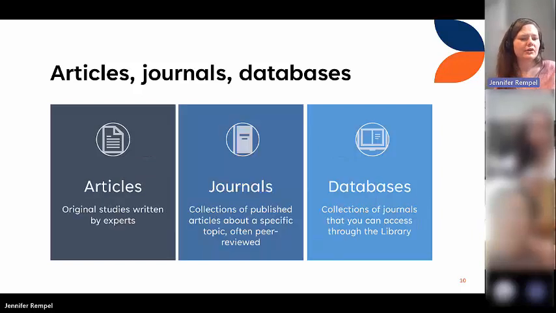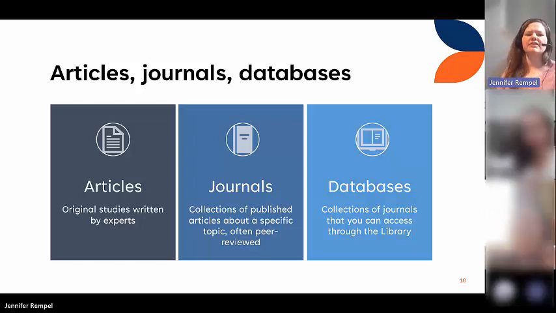And then, of course, you have the articles that are published within journals, and then journals are accessed through databases through the library. So you have a database like JSTOR, which contains a lot of historical or literary journals like Shakespeare Quarterly or things like that. Journal of the Canadian Historical Association, I believe, is in JSTOR. So that's where you're going to see the journals. So databases are all individual as well, and they're provided by different vendors, and we do subscribe to a lot of different databases.